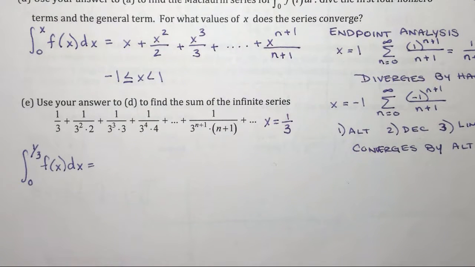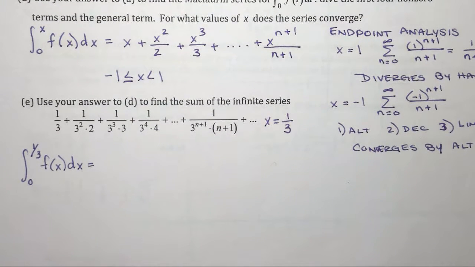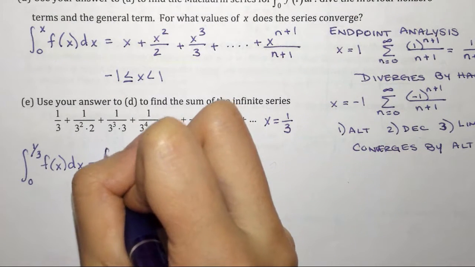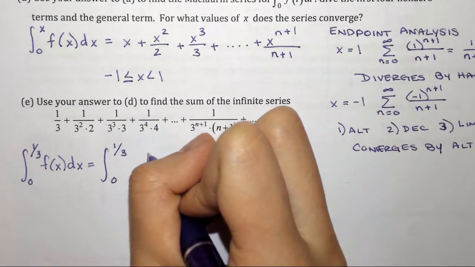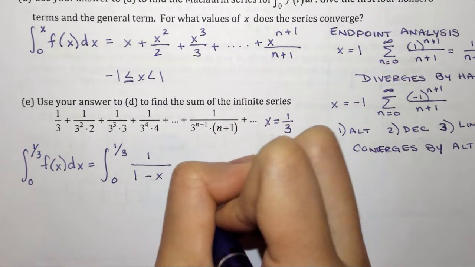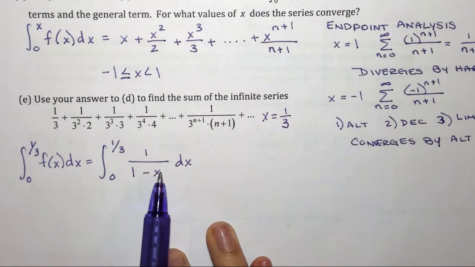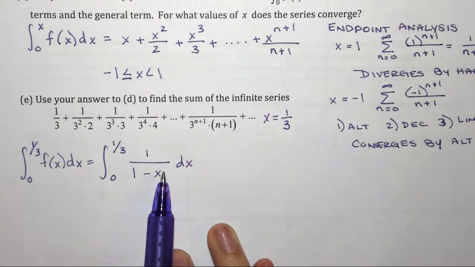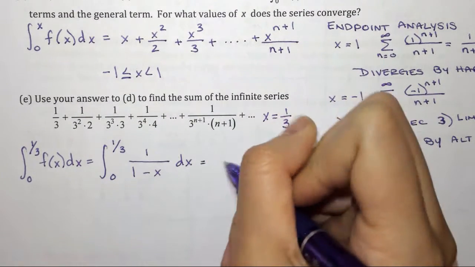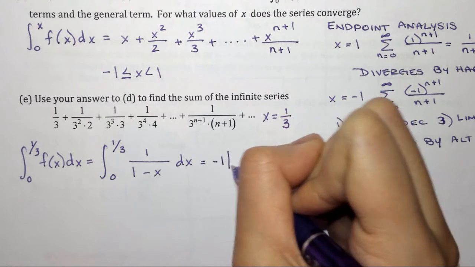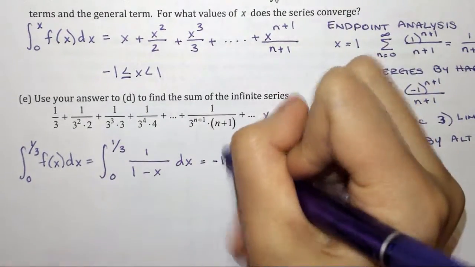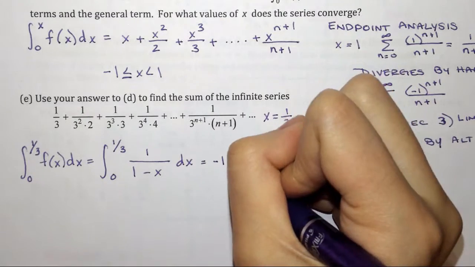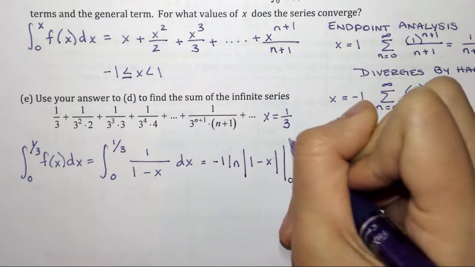Right? Now, we go back to our original function and we integrate 0 to 1/3 of our original function, 1 over 1 minus x. The integral of 1 over 1 minus x is -1 natural log absolute value 1 minus x, because you do u sub, evaluated from 0 to 1/3.